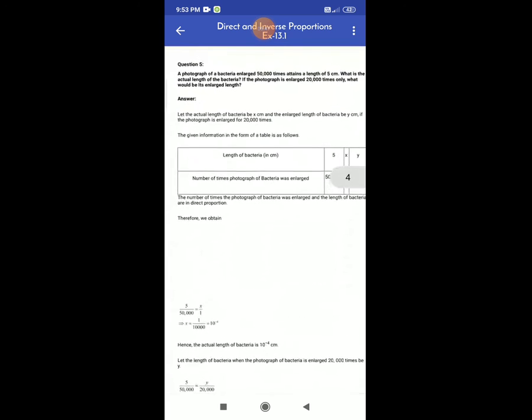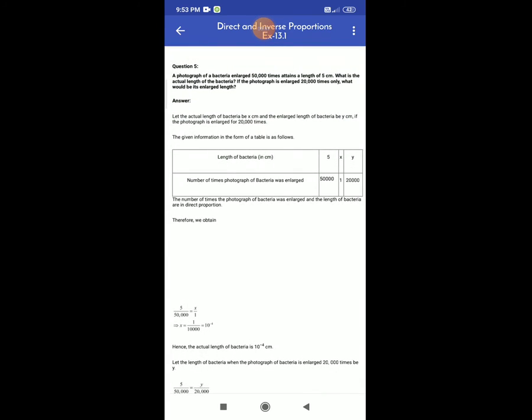Question number 5. A photograph of a bacteria enlarged 50,000 times attains a length of 5 cm. What is the actual length of the bacteria? If the photograph is enlarged 20,000 times only, what would be its enlarged length?